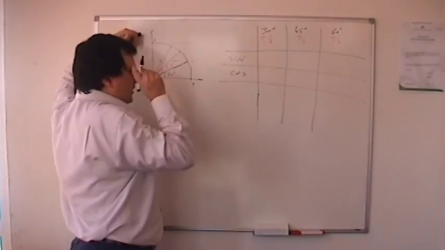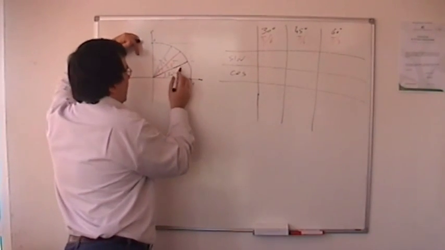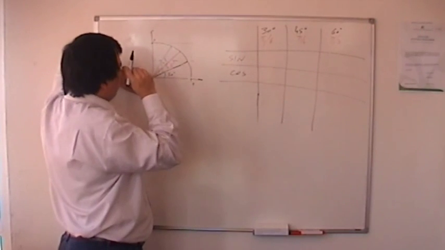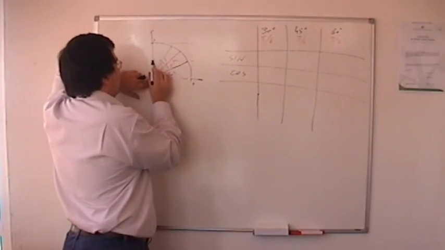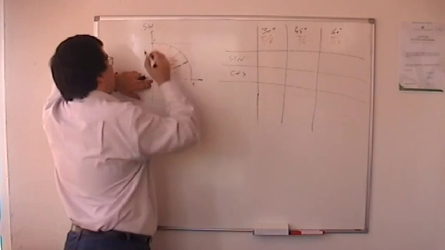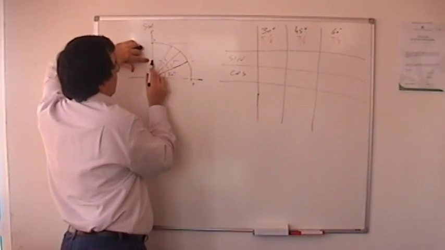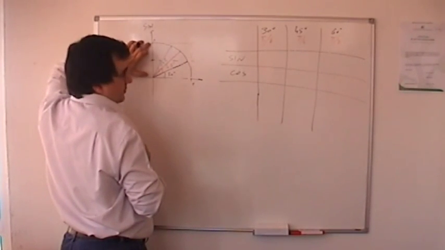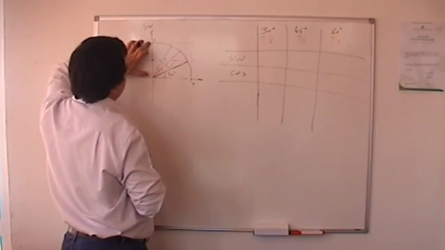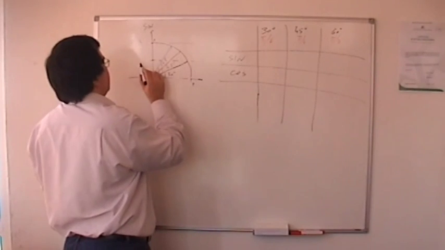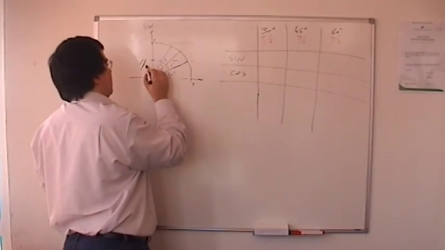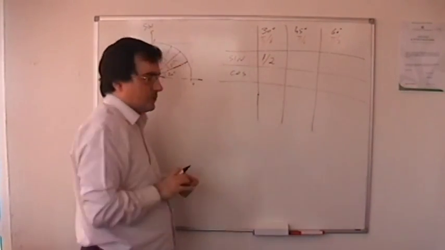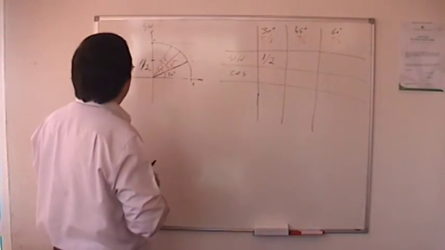Okay, so for the sine function, well, when you have an angle of 30 degrees, the projection here in the vertical axis will be in the half position of this unitary circle. So this means that you will have 1/2. So sine of 30 degrees will be 1/2.